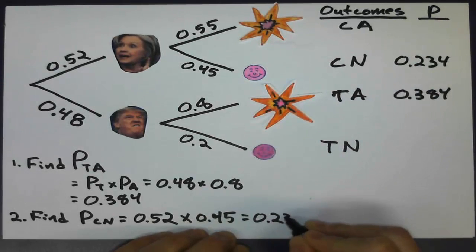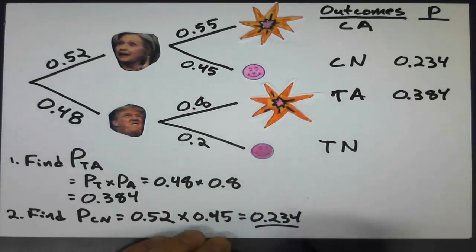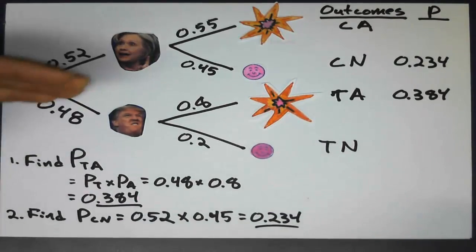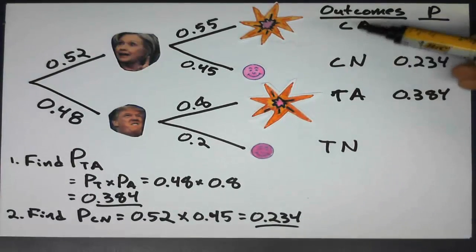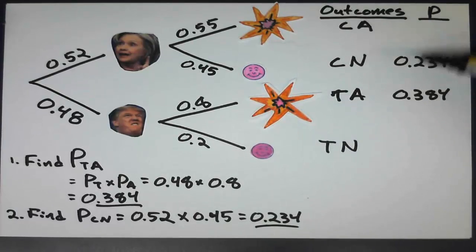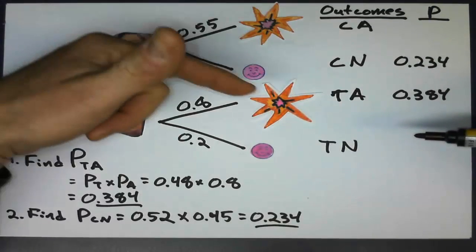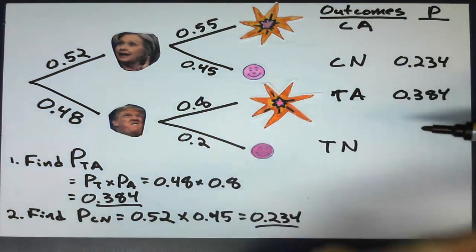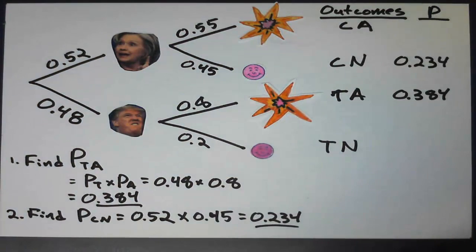So probability trees are pretty handy because they help you list the outcomes, and then the probabilities are found by multiplying those probabilities along the branches to get that outcome. So those are, I'd say, the easy type.